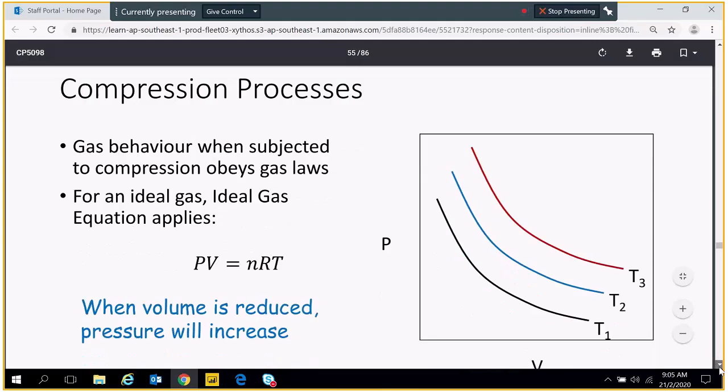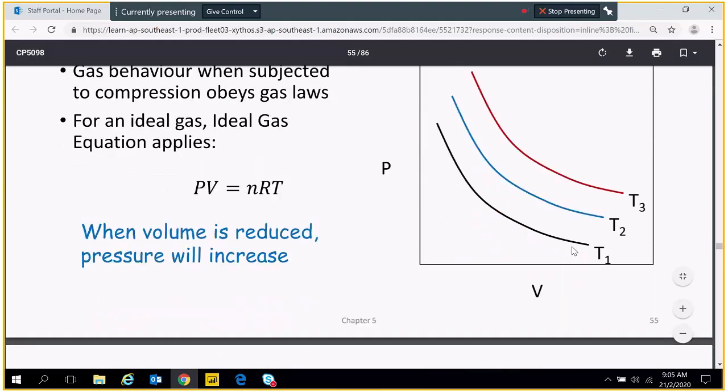Now this one I already explained, so I'm not going to repeat this. Isothermal: all the points that lie on the curve have the same temperature, so it's isothermal. Constant temperature T1, T2, T3.